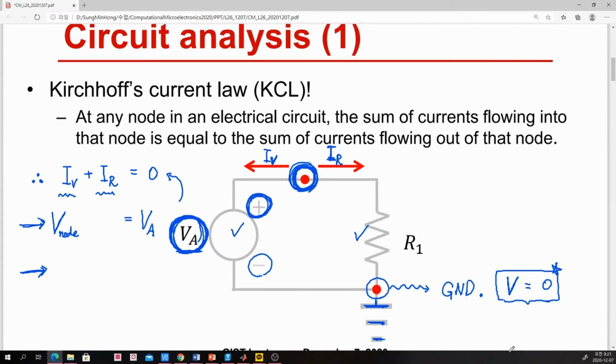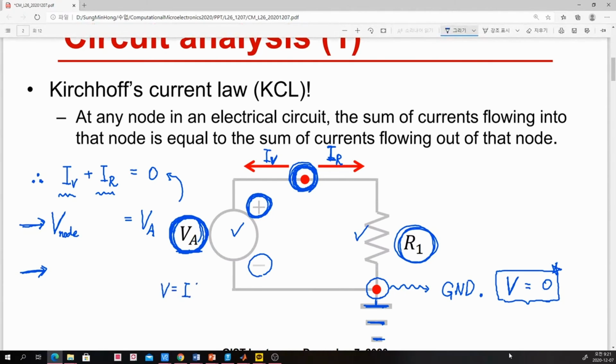However, let's go to the second one. Now this R sub 1. In this case, we can apply Ohm's law, so V equals I R. So let's do it together. What is the voltage difference between them?